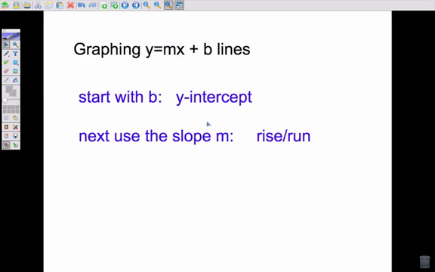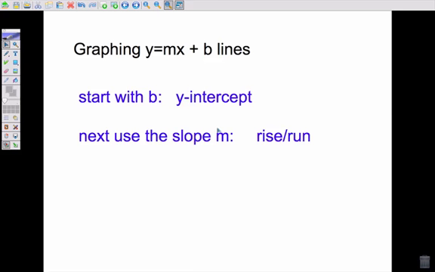The very first point that you'll put on there is the y-intercept, and the y-intercept comes from this b value. Whether it's a plus 5 or a minus 5 or a plus 20 or a minus 20, that'll be the first point that you put on your graph. So that's your starting point.